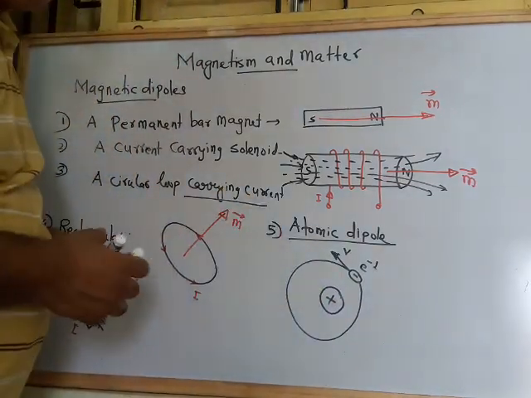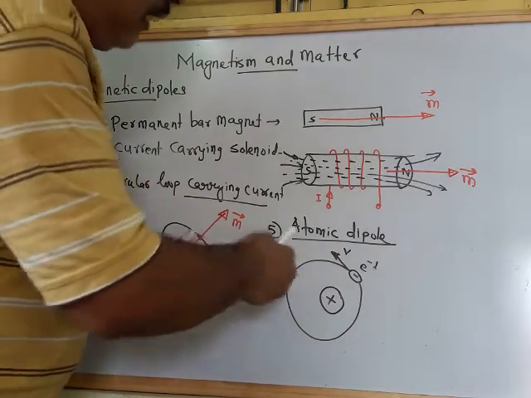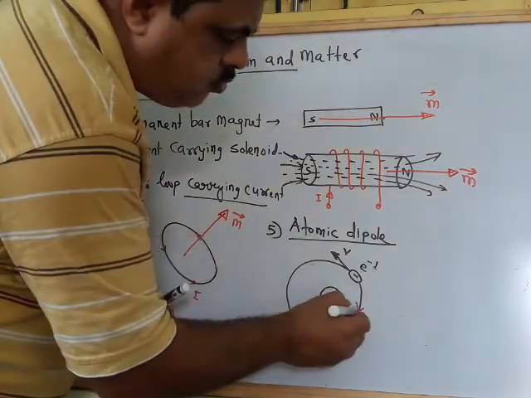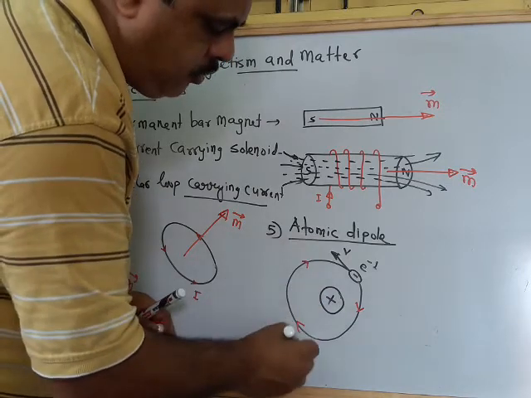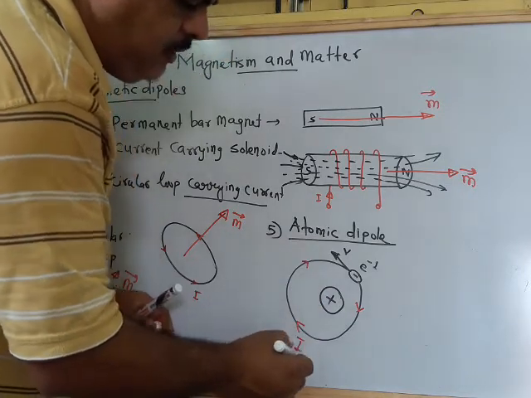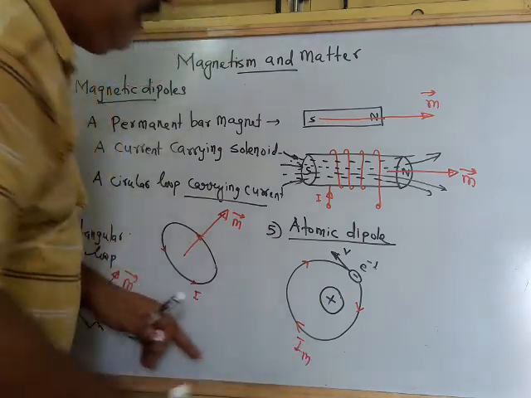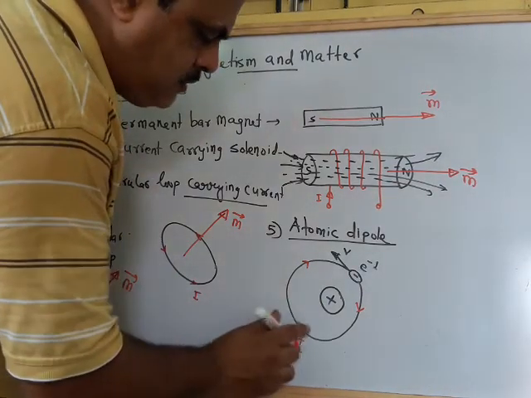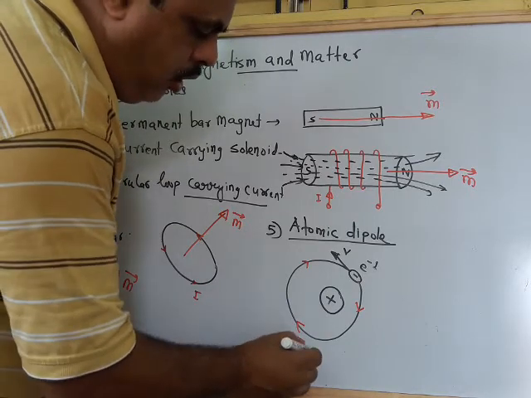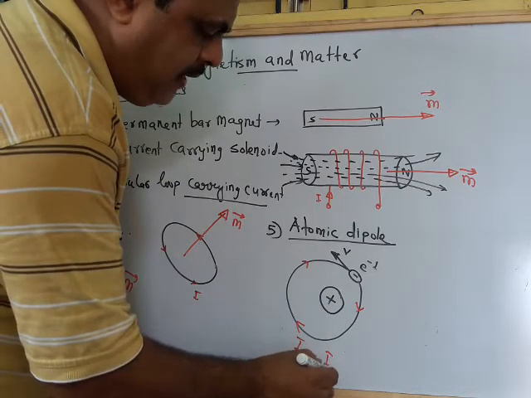Then you can consider an equivalent current is also flowing opposite to the direction of the moving of the electron. And this current can be told as the bound current, or later on we will be saying the magnetizing current.